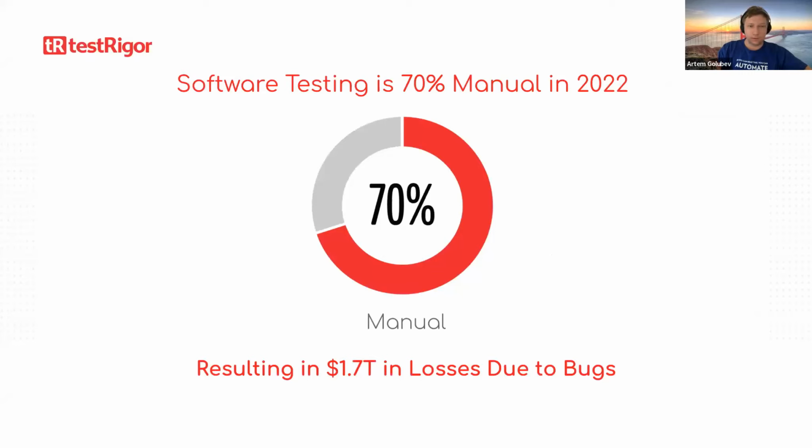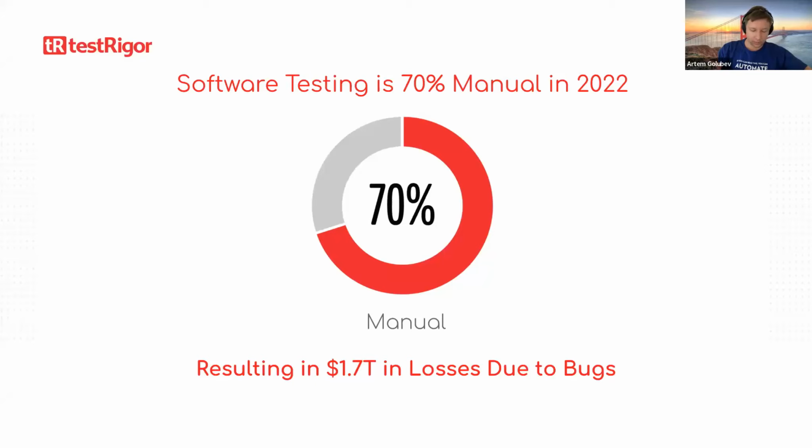All right, let's start. Did you know that 70% of all test cases in 2022 are executed manually? It's very widespread. If you think this is an exception for your organization, it's actually not the case. Most probably you are around the average.